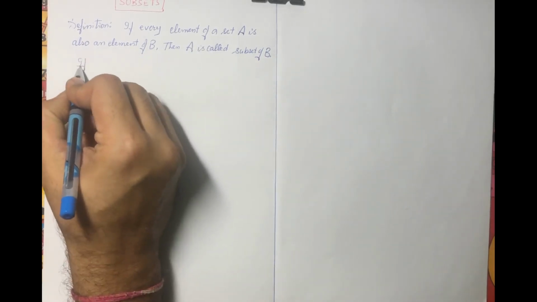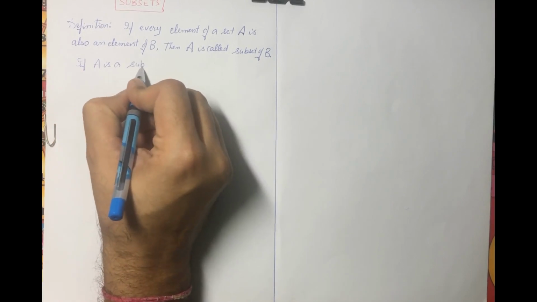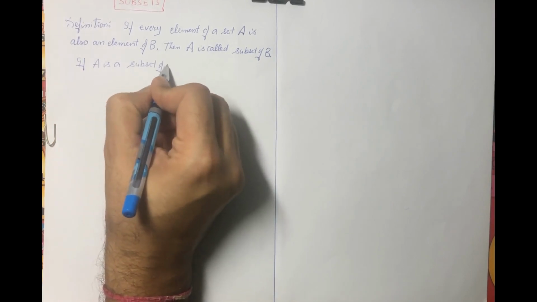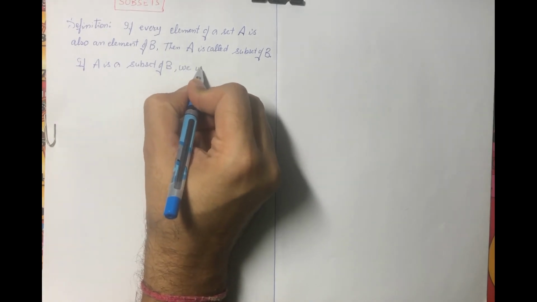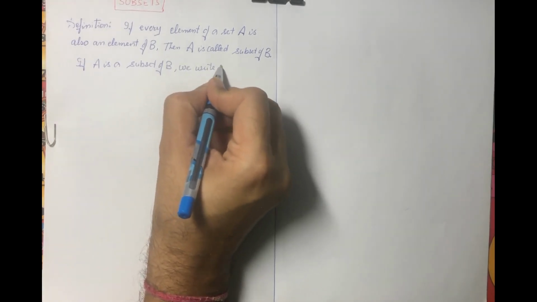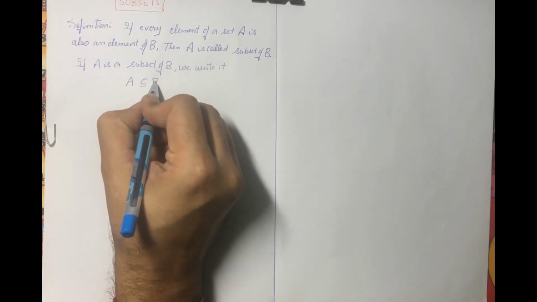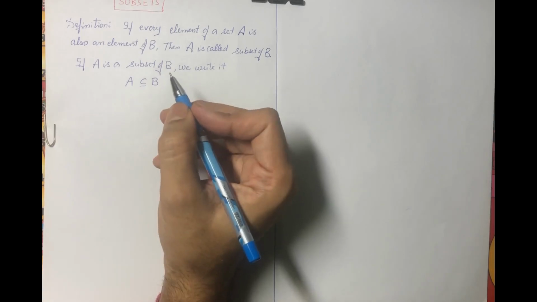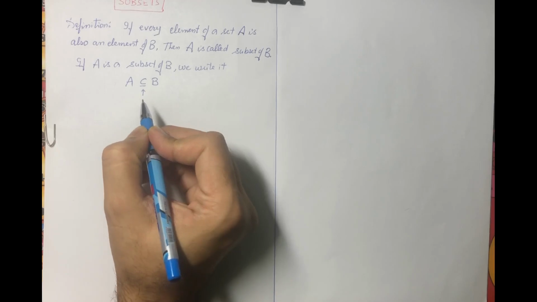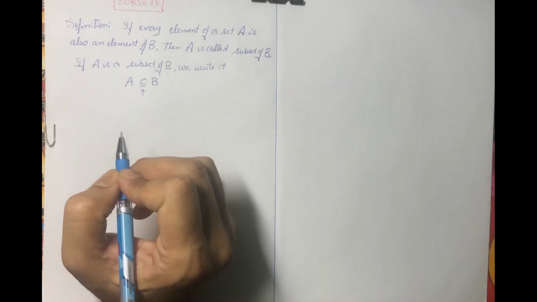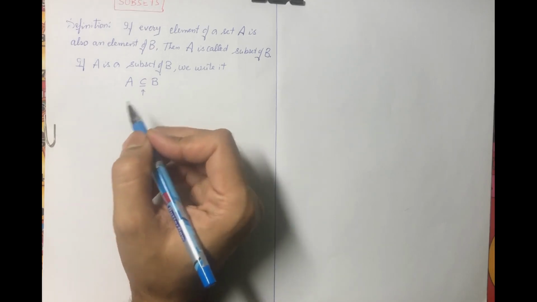If A is a subset of B, we write it as A contained in B. So this is the symbol to denote subset. And we can look at this in another way also.